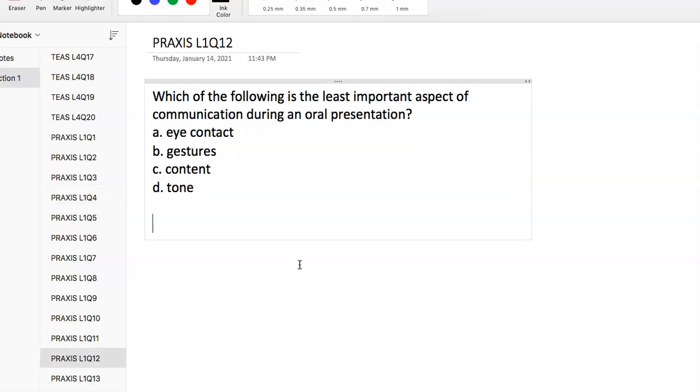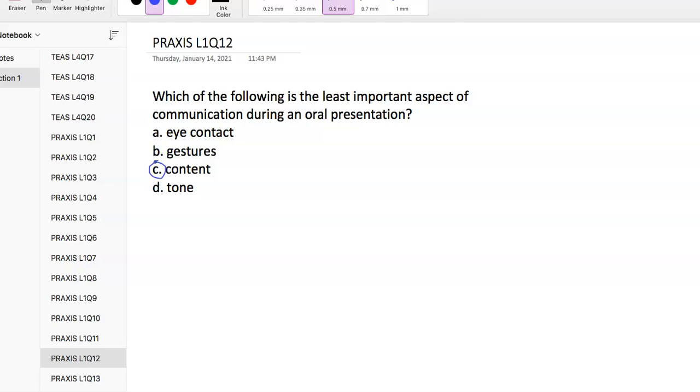12. Which of the following is the least important aspect of communication during an oral presentation? This may be surprising to you, but the answer that we actually want is content. Eye contact and gestures make up most of body language, which accounts for 55% of communication.